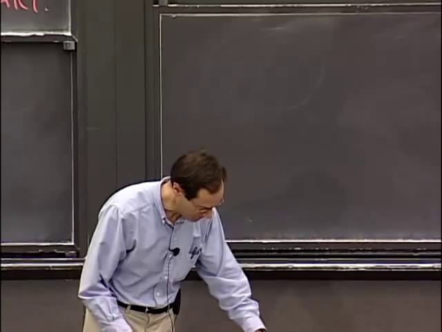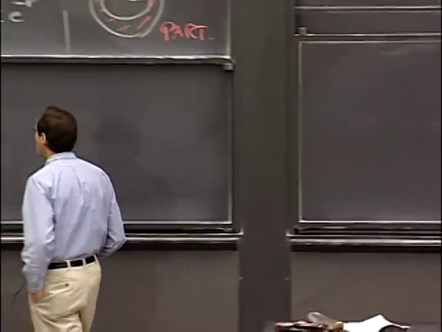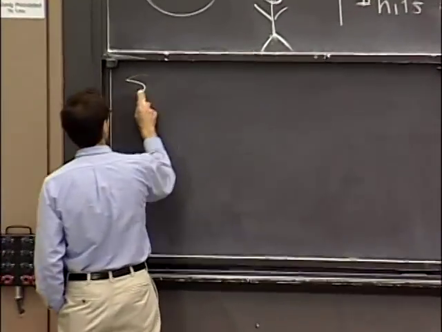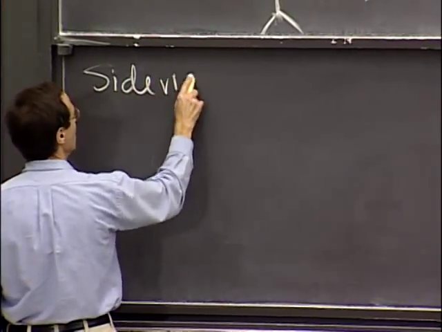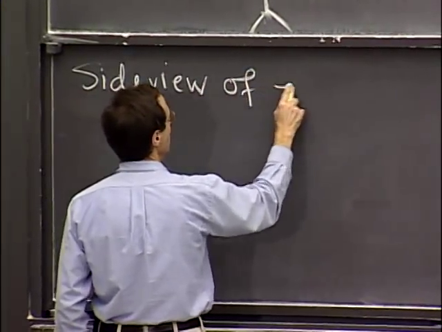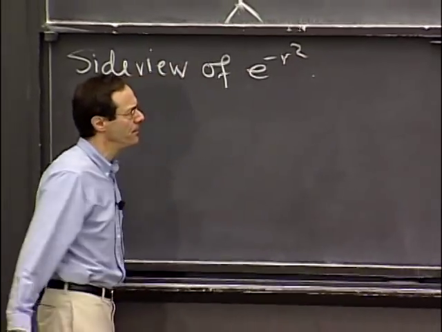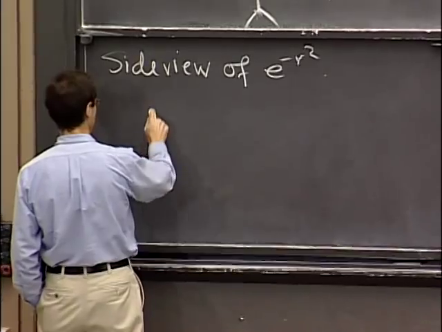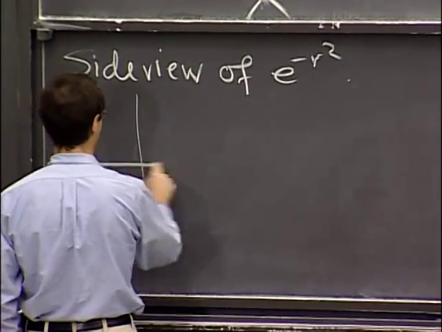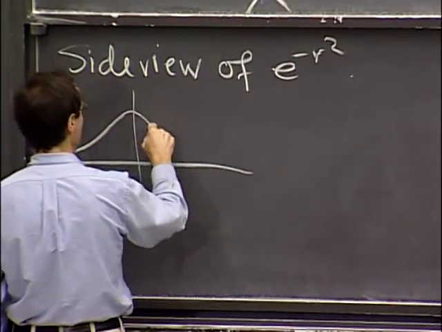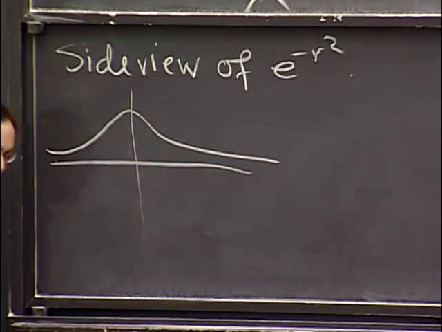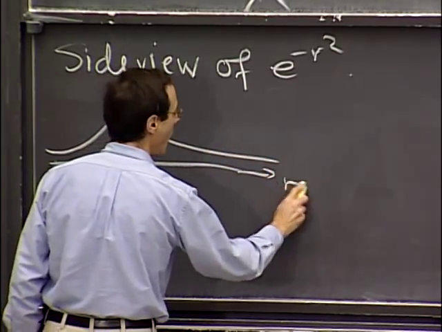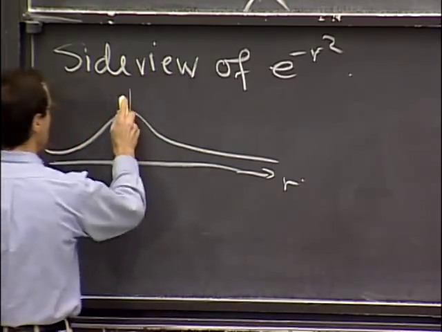Now I want to take a side view of e to the minus r squared, the function that we're talking about. Again, that's the bell curve, and it looks something like this. This is the top value. This is the r-axis, and this is up.